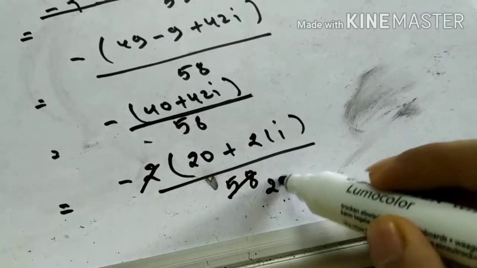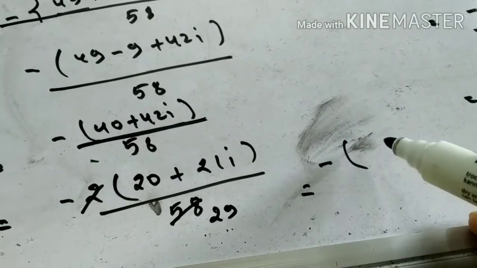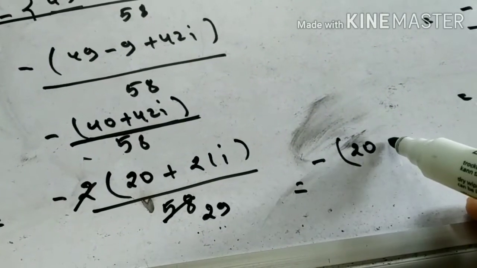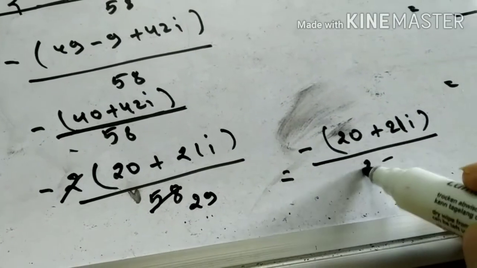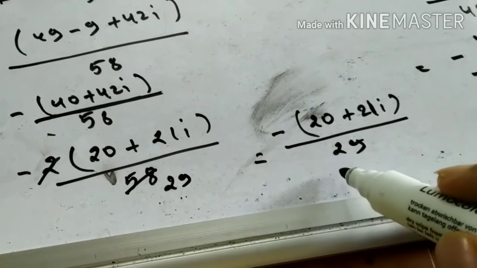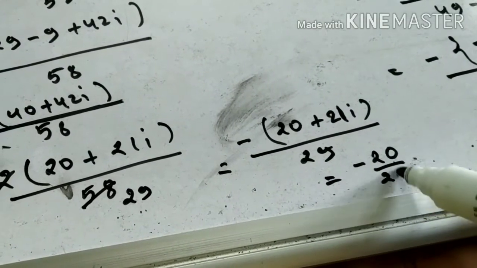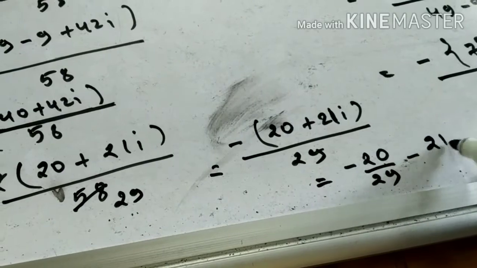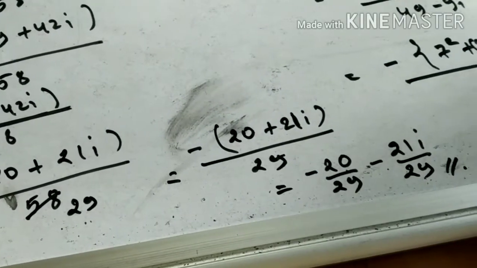This and this if you cut, you will get 29. So ultimately you are getting here minus 20 plus 21i by 29. So this one ultimately you will get is equals to minus 20 by 29 minus 21i by 29. This is the answer you will get.